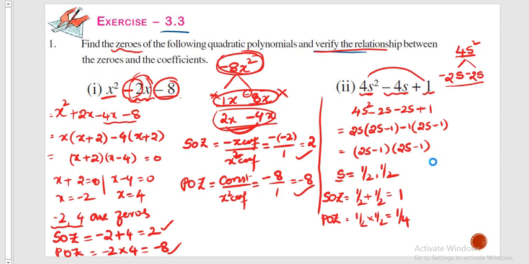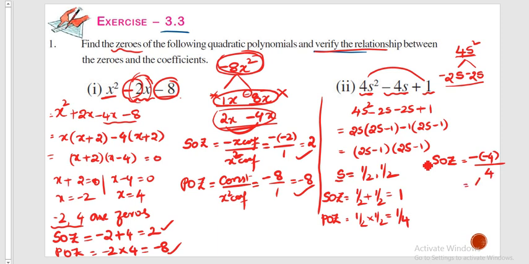Now by using the concept of relation, what is the sum of zeros formula? Sum of zeros is equal to minus x coefficient by x square coefficient, right? What is the x coefficient here? Minus 4. So minus of minus 4 divided by 4.